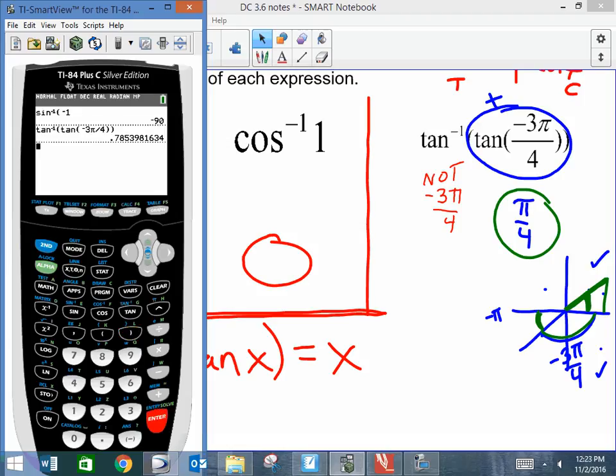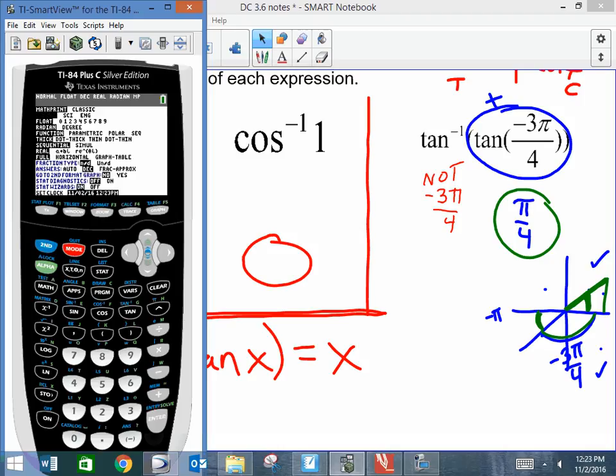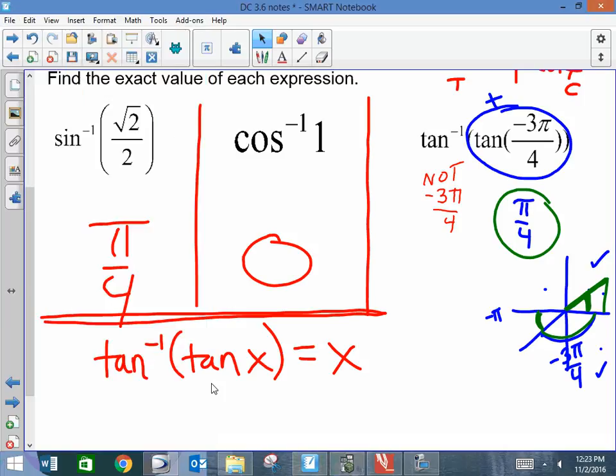See, it's not negative pi over 4, it's pi over 4. So if you haven't switched back your mode to radians, because that's what you really wanted, is radians. Even though they don't ask, they want answers in radians. We're going to talk about that.